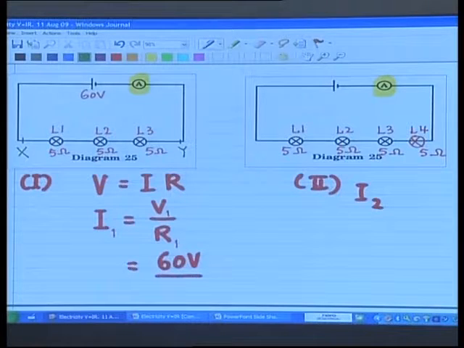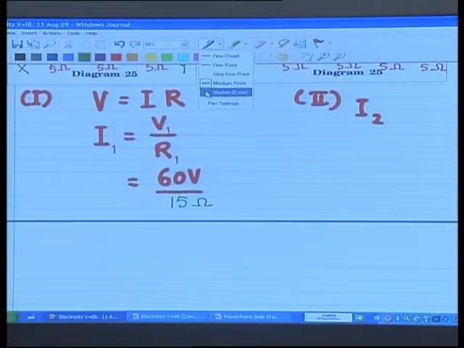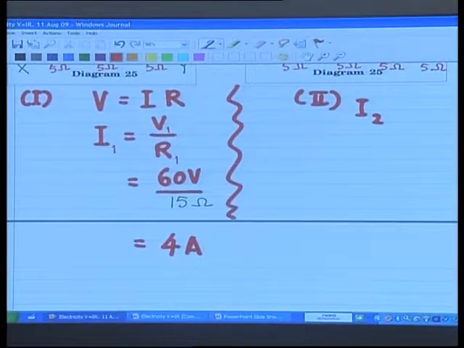It is straightforward: 5 ohms plus 5 ohms plus 5 ohms, which is 15 ohms. So I have 60 volts divided by 15 ohms, and I have got 4 amperes. That is our first episode.